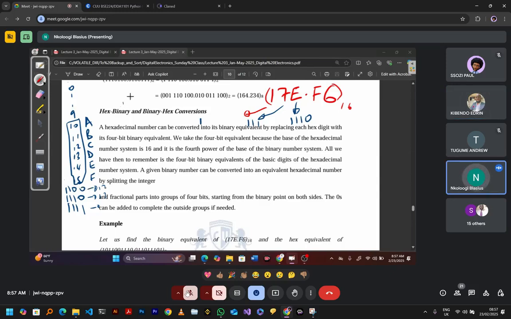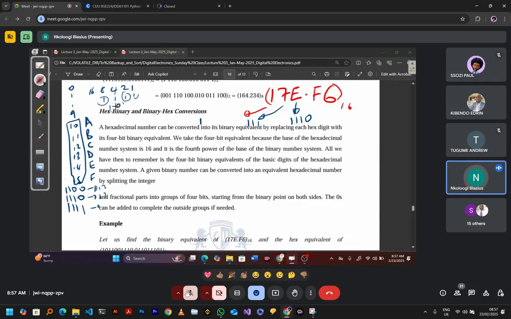So you remember these weights? So if I give a 1, a 1, a 1, a 1 here, this is automatically 15. So what about 11? It means that I'll have to add this and this.